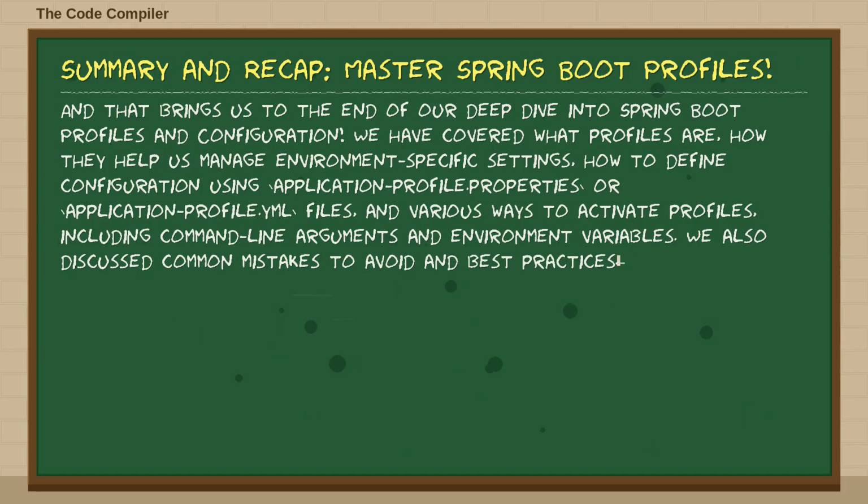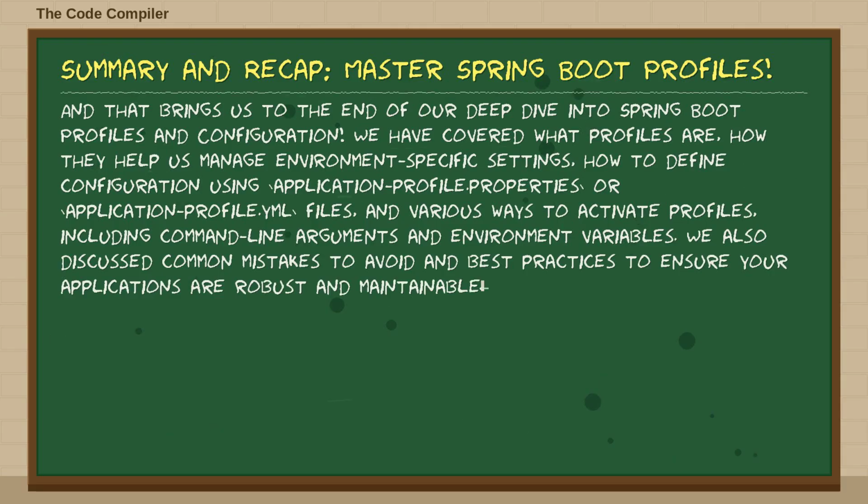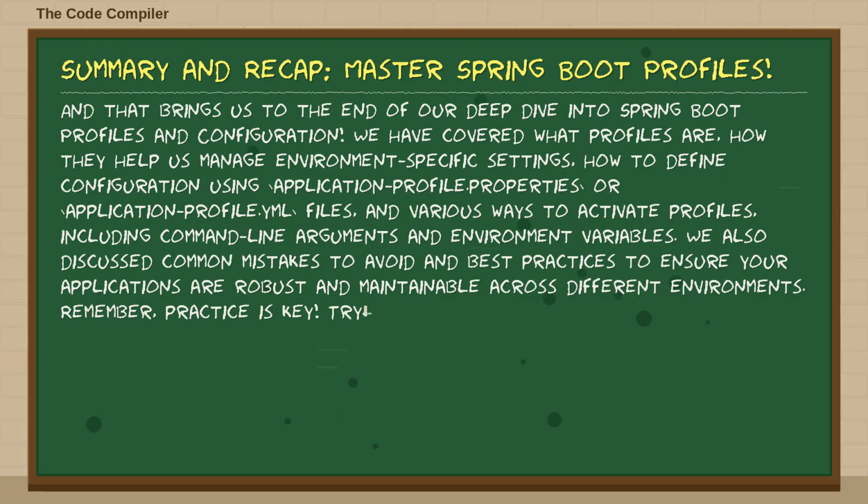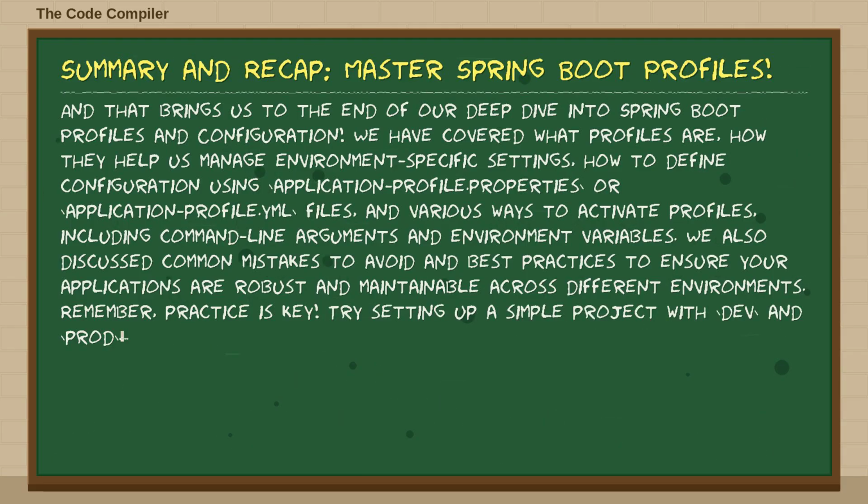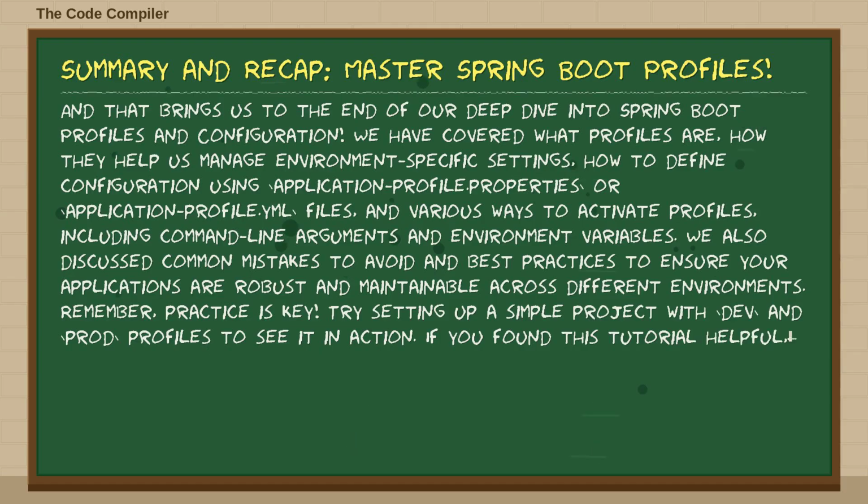We also discussed common mistakes to avoid and best practices to ensure your applications are robust and maintainable across different environments. Remember, practice is key. Try setting up a simple project with dev and prod profiles to see it in action.